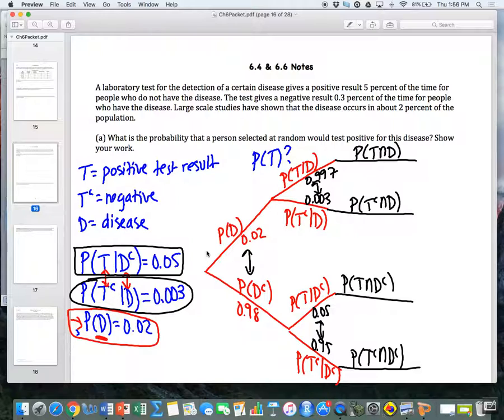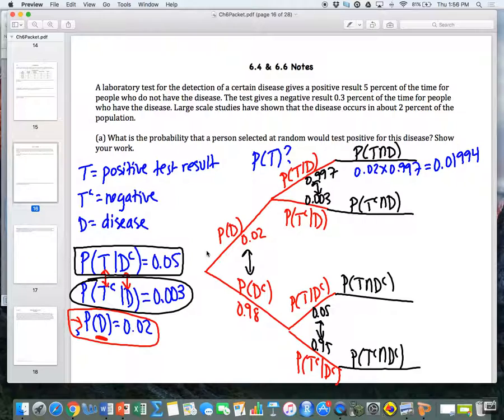Okay. I need somebody with a calculator to actually multiply this for me. So I'm going to do 0.02 times 0.997. 0.01994.